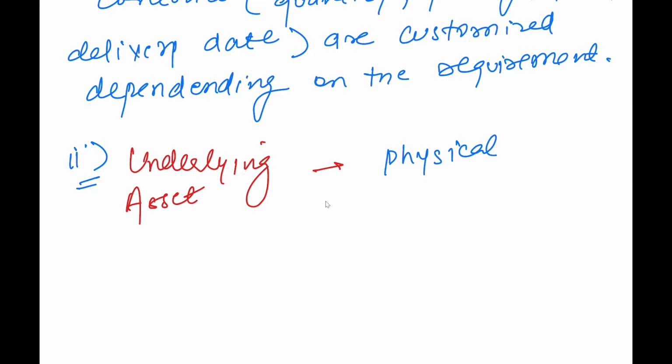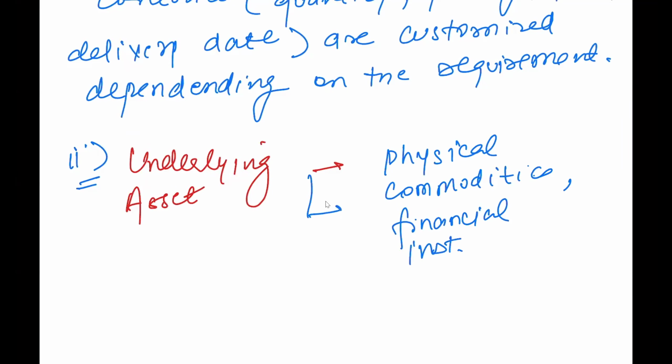As I said, wheat, oil, cotton, these are some of the commodities. Or it can be a financial instrument.